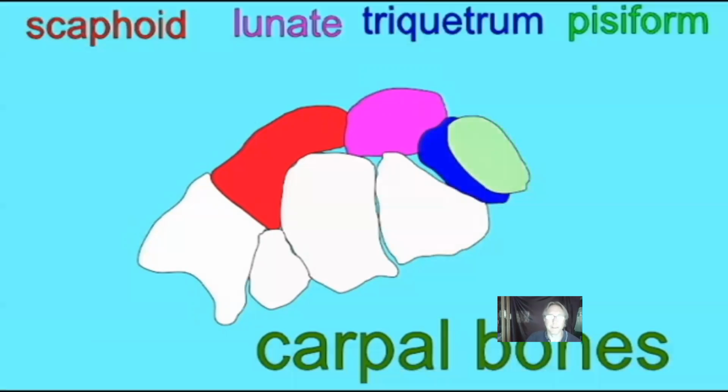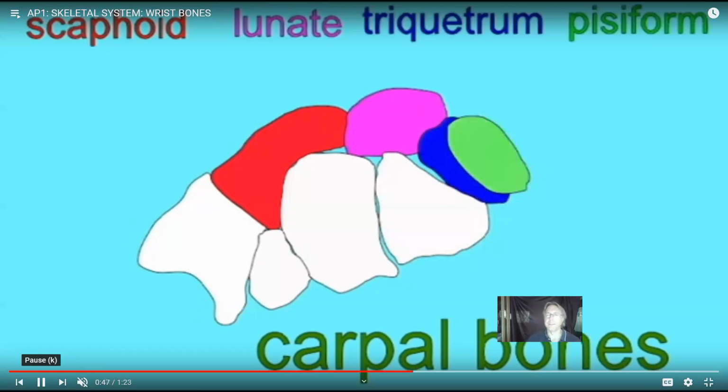The pisiform is easy because all of these other bones you can observe on both the anterior and the posterior side of the carpus, except for the pisiform. And if you feel what's sometimes called the heel of the hand, right here you just feel like a little bony knob, that's the pisiform, and that is only evident on the anterior surface.